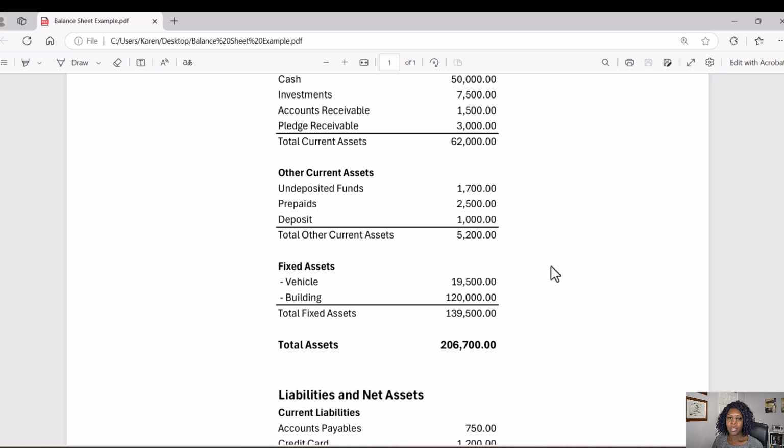They are going to be assets in which it'll be harder to receive cash from. So let's say you want to sell your vehicle and get that 19,500, or at least as close to it as possible, from that sale.